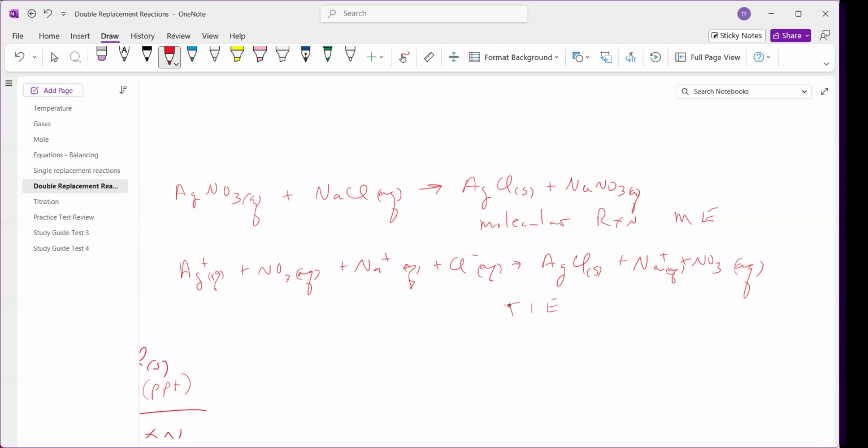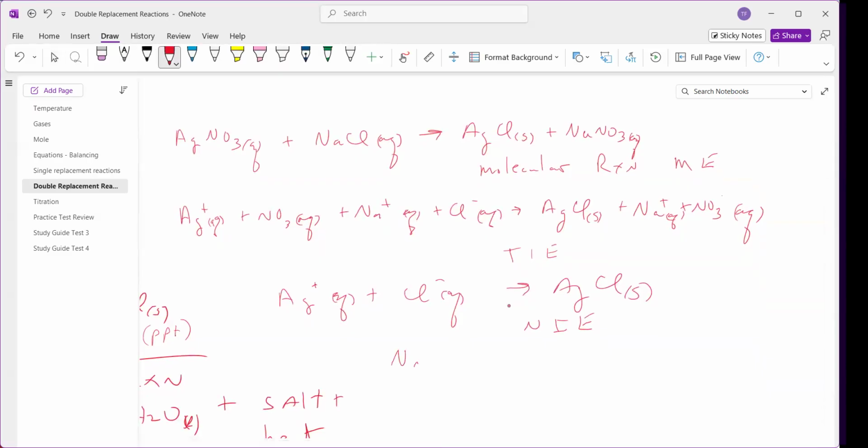Is there a net ionic equation? Yes, a solid formed. The NIE, net ionic equation.